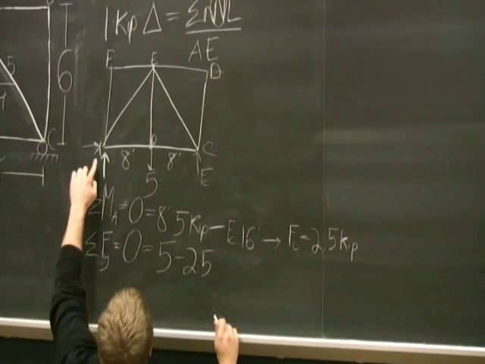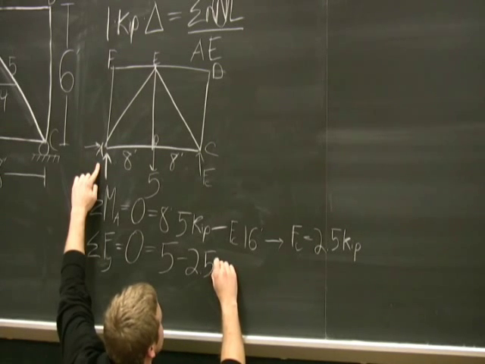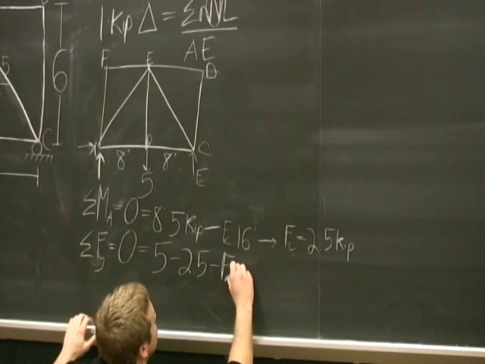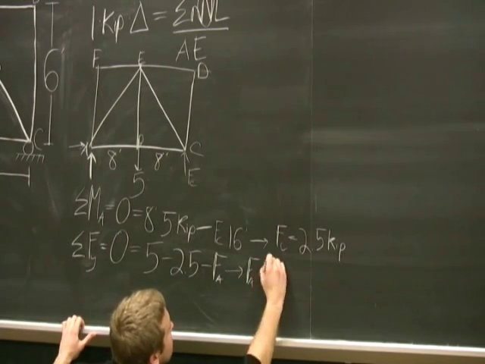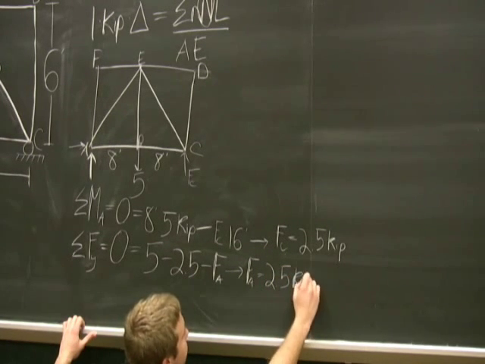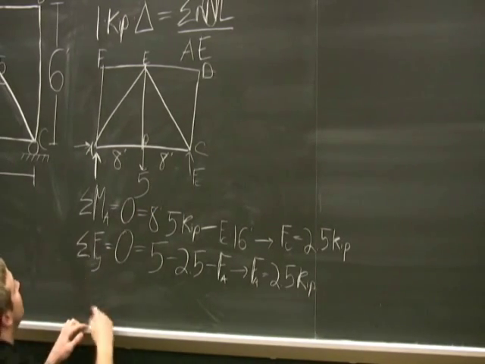And then we can also assume that the force at A is in the negative direction, acting upwards. So minus the force at A. So therefore, the force at A equals 2.5 kips. This should also be apparent due to symmetry of the truss.